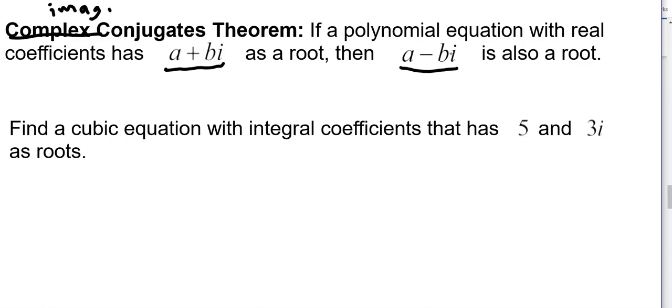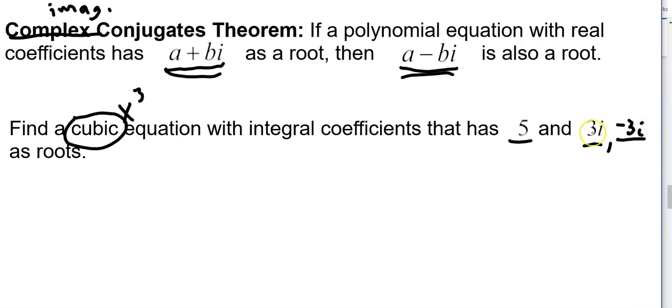For example, on this one, it says find a cubic equation. Cubic means x to the third power, which means there must be three solutions. I see one solution. Here's another solution. They failed to give us the last solution, but they did tell us one of those is imaginary. If a plus bi is 3i, then a minus bi would be negative 3i.